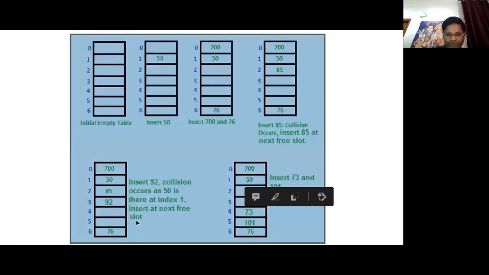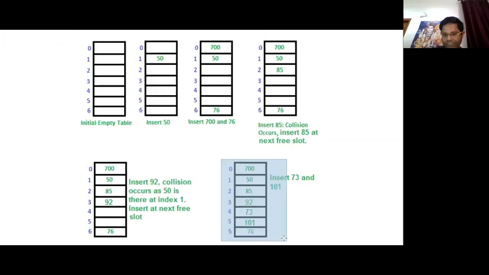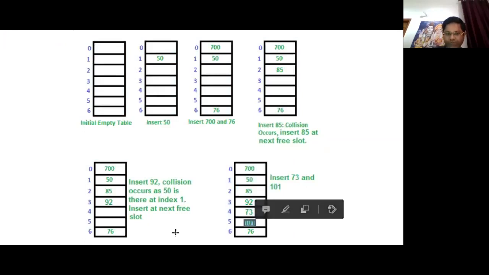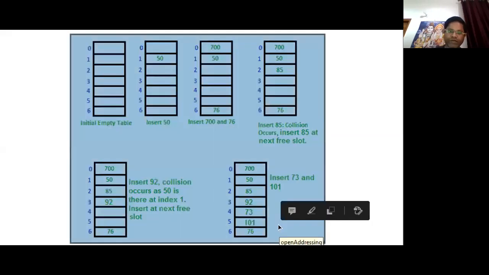So again look at 5th position. Actually this diagram shows two steps, that is after inserting 73 and 101. So 101 will be placed at 5th position. I have inserted 73 and 101 at a single time, so you will make another table here. Place 73 and after that place 101 at this place.